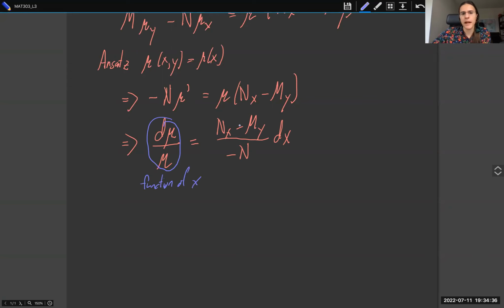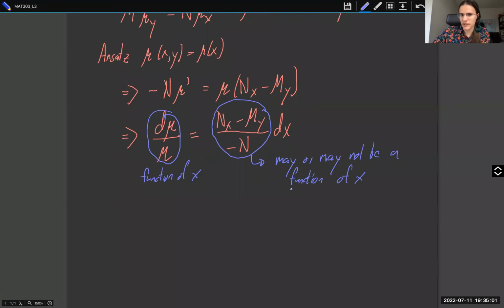In general, there's no guarantee that this will be a function of x alone. If it isn't, then this equation does not make sense and our ansatz is useless.